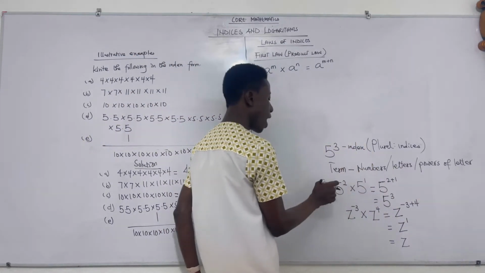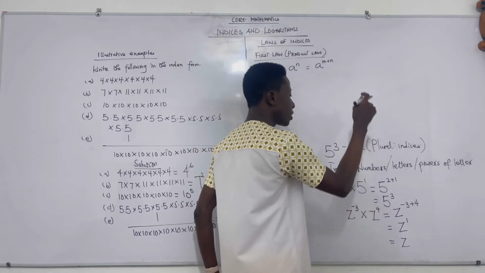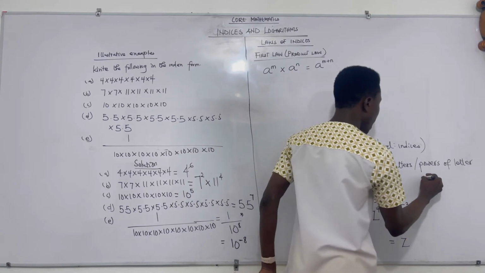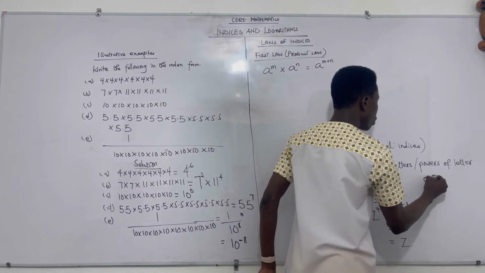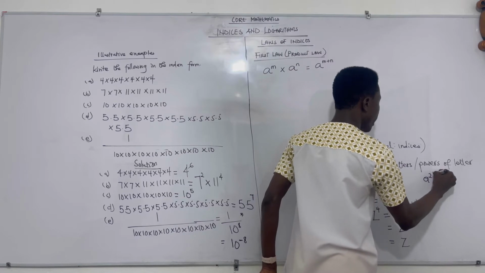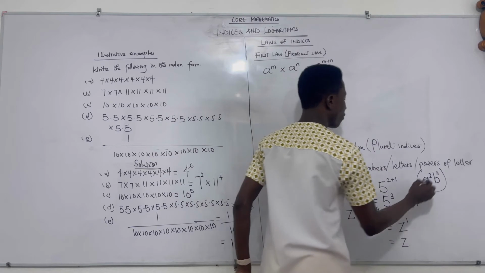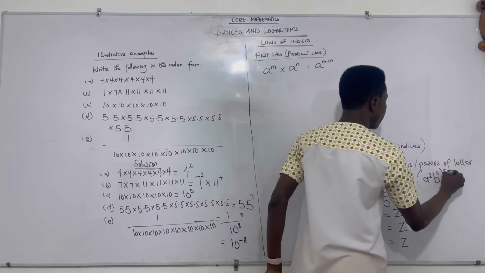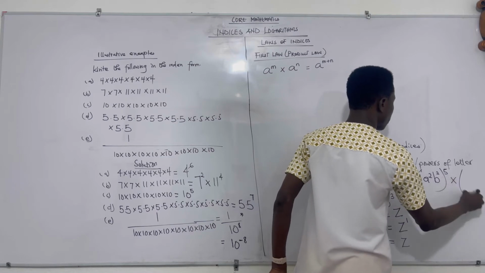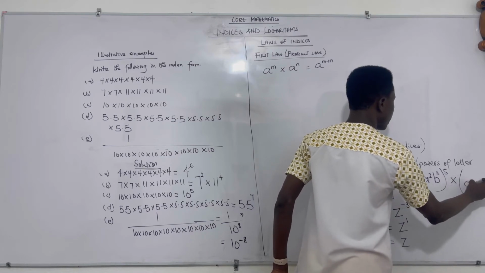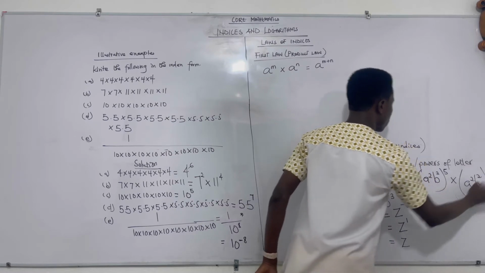So I said the term may consist of a number or a letter. Let's look at powers of letters. So you can have a squared b squared, all to the power of 5, multiplying, open parenthesis, a squared b squared with a power of, say, 2.